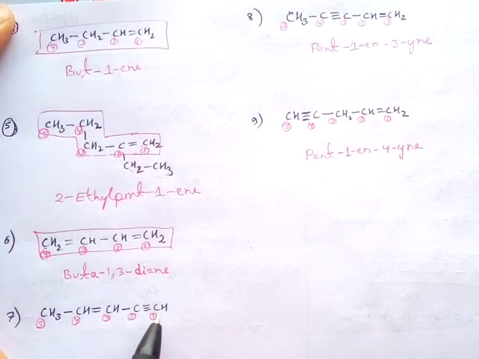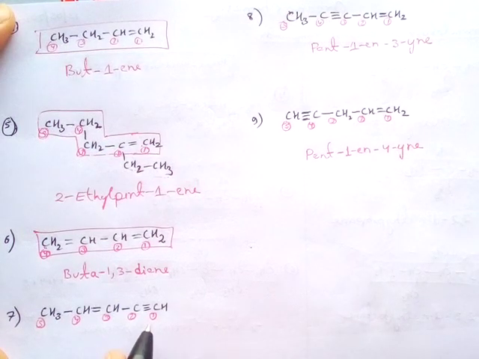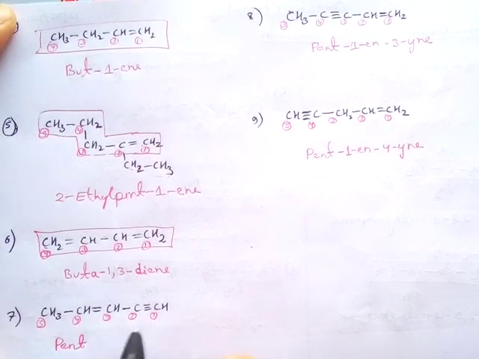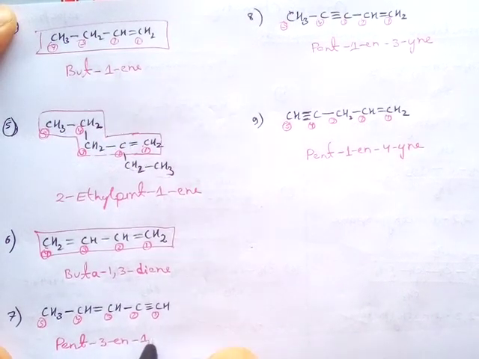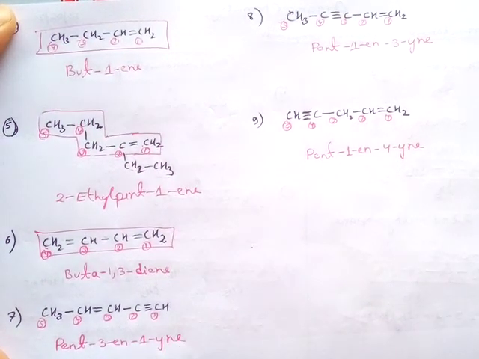Else from whichever side we get a multiple bond, double or triple, from that side you have to do the numbering. Carbon number 1 has the triple bond, so numbering is done from this side. The name will be pent-3-en-1-yne.